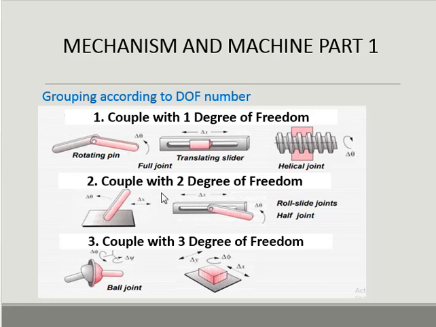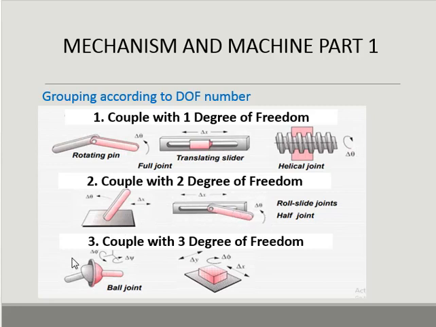The second picture, you can look at a sliding roll slide joint, half joint. This has 2 degrees of freedom. The first motion is x-axis translation or linear motion, and the second motion is rotation.